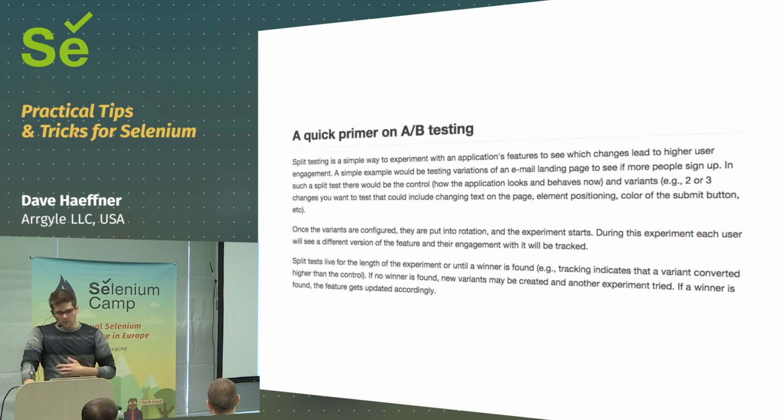So two weeks, or until you have enough data that's statistically relevant to show that one feature is better than another. You track things like conversions, like did someone sign up or did someone buy something? And if no winner is found, you keep the control, try out some new variants, and run another experiment.